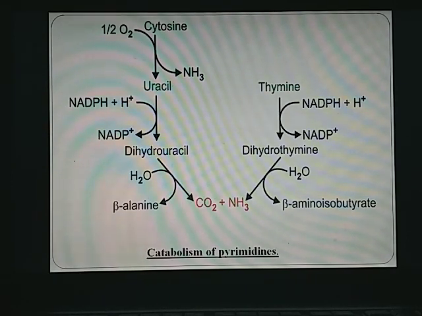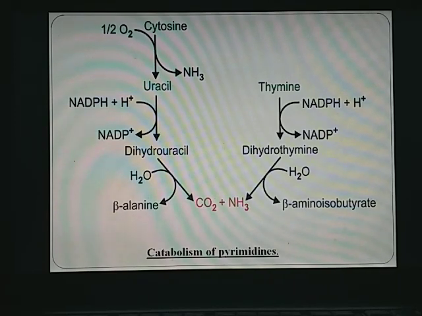So in this, beta-alanine and beta amino isobutyric acid are important amino acids which can be converted to acetyl-CoA and succinyl-CoA respectively, and can be utilized wherever there is requirement of them. So beta-alanine can be converted to acetyl-CoA and beta amino isobutyric acid can be converted to succinyl-CoA and can be utilized.